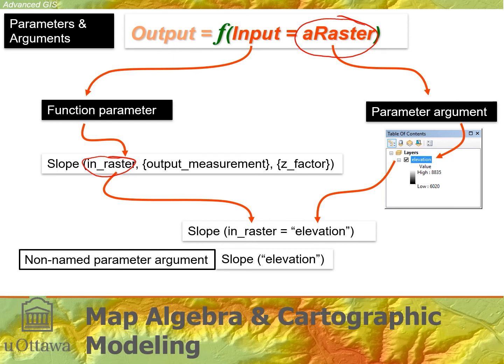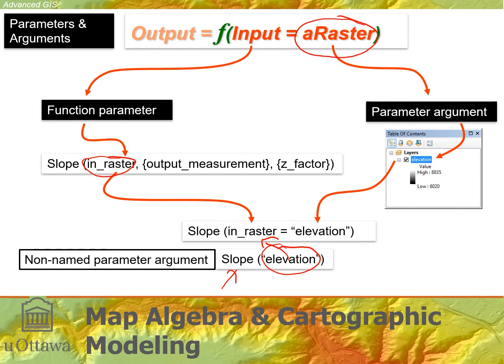We can also have non-named parameter arguments. So ArcGIS knows that the parameter in raster will be replaced by elevation in this syntactical form. Since elevation is the first thing we put in here, it automatically assigns it to in raster. So we don't have to type in raster equals elevation.